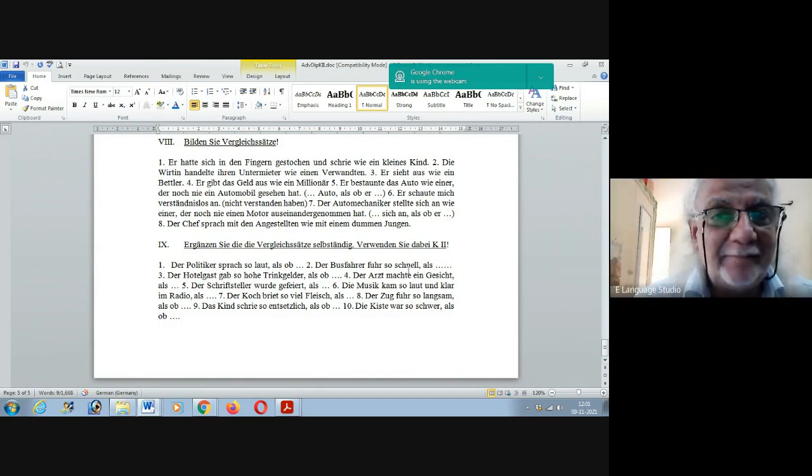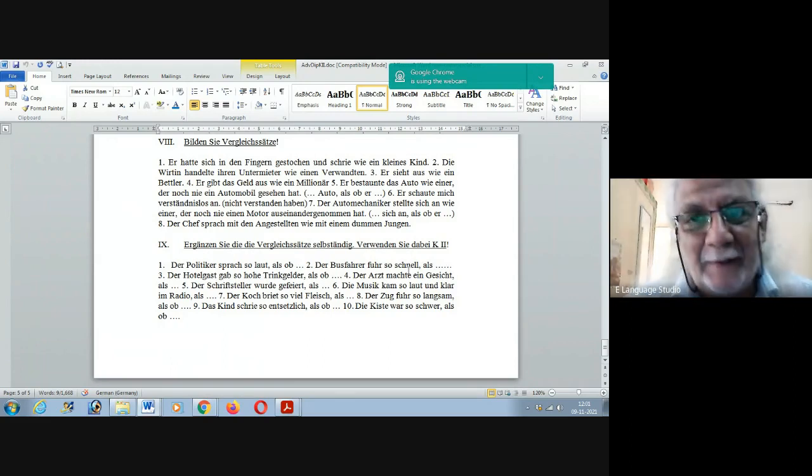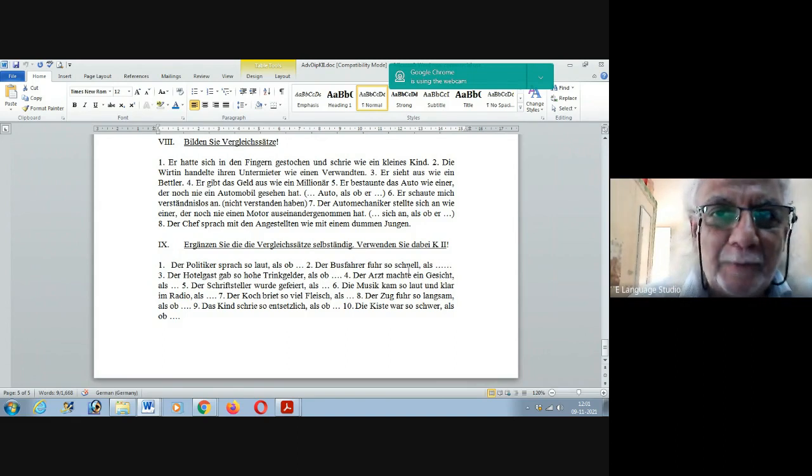Then you have to change the verb now into K2. Also, 2 possibilities, or many actually. Als ob er ein Pilot wäre, as if he were a pilot. Als ob der Bus ein Flugzeug wäre, as if the bus was a plane.